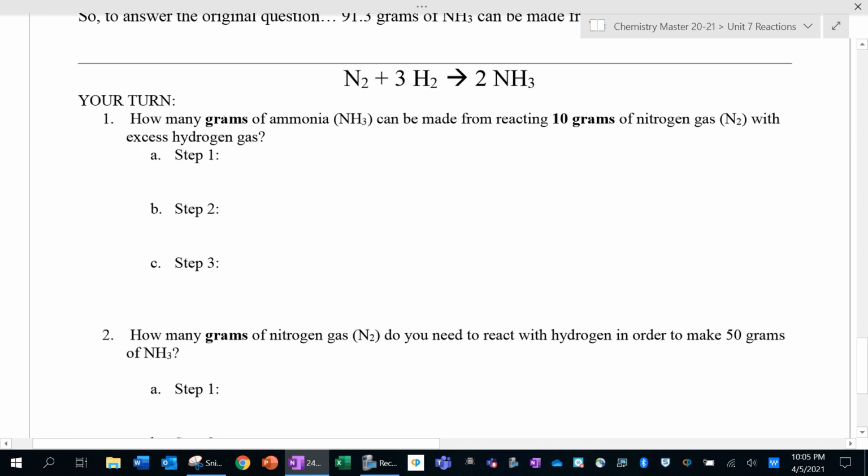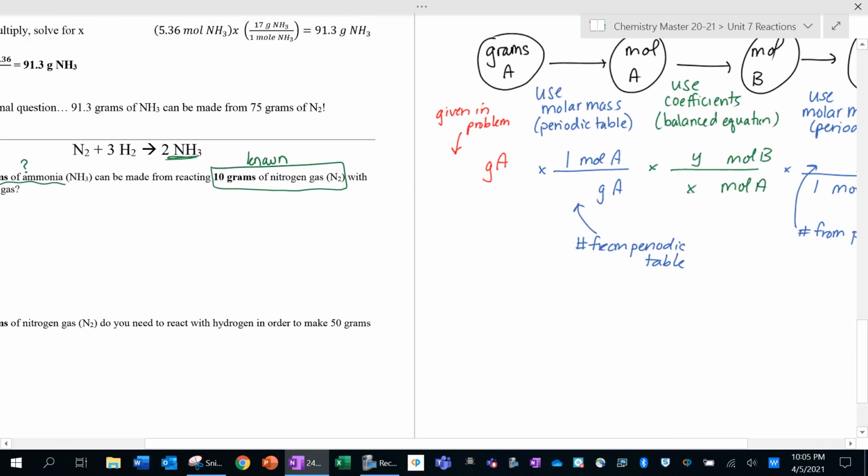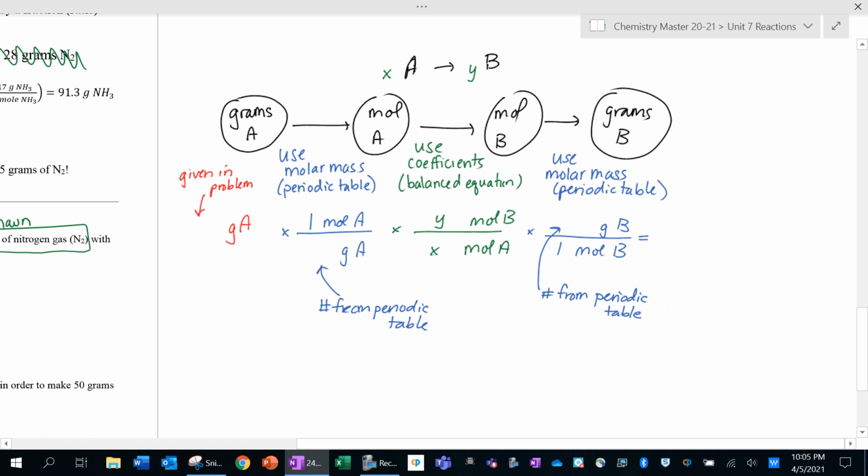All right, so here's a problem. We're trying to find grams of ammonia. That's our unknown, so I'm going to put a little question mark by it. And our known is we have 10 grams of nitrogen. If we scroll off to the side, I've got another little version of the mole map.